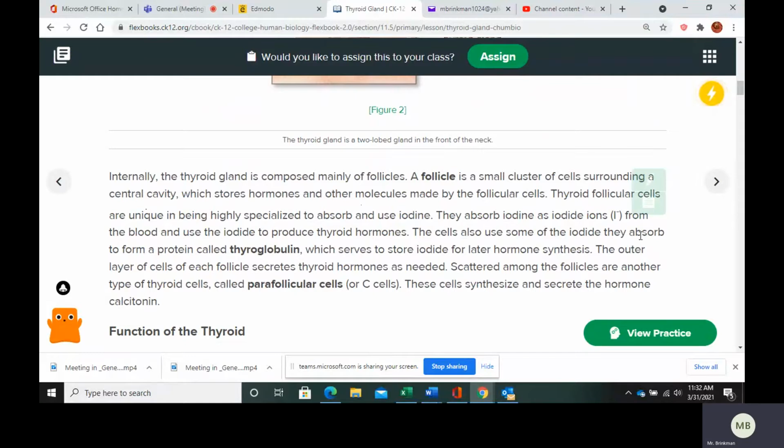They use the iodide to form a protein called thyroglobulin, and thyroglobulin stores the iodide for later hormone synthesis. And then in amongst the follicles are another type of thyroid cells called parafollicular cells, which synthesize and secrete calcitonin.